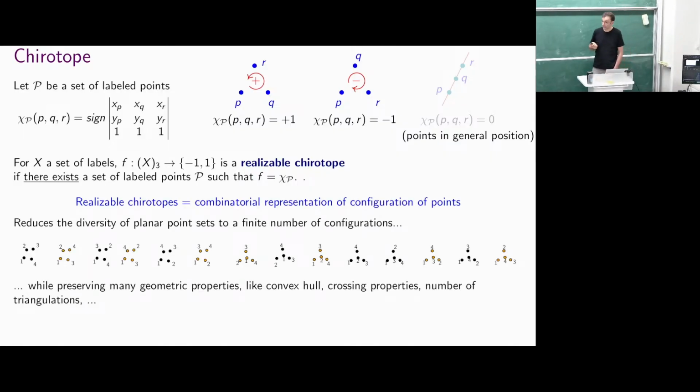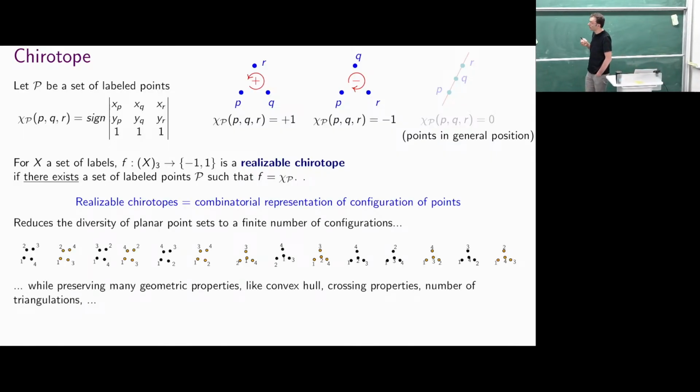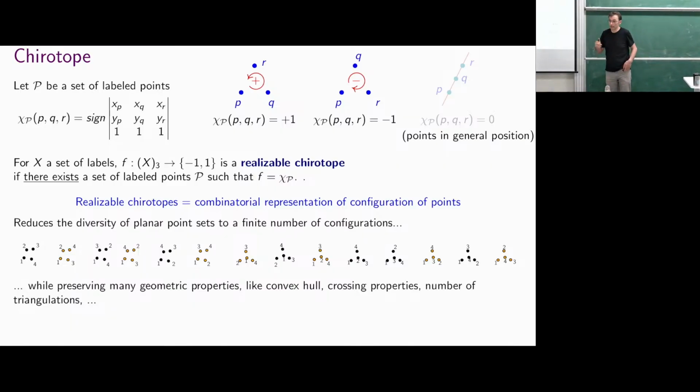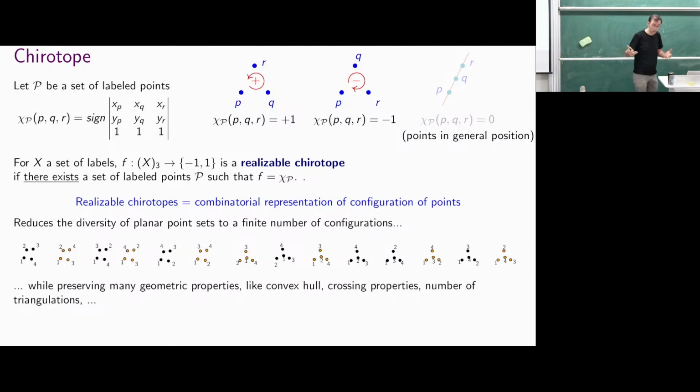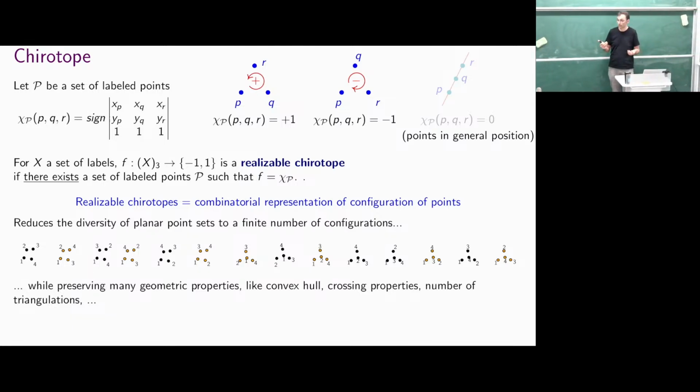Why we look at that is because that's a convenient way, when we're doing geometry, to reduce a large variety of configurations, or of all sets of points in the plane, to just a finite number of distinct cases. And of course, this reduction will preserve certain properties.